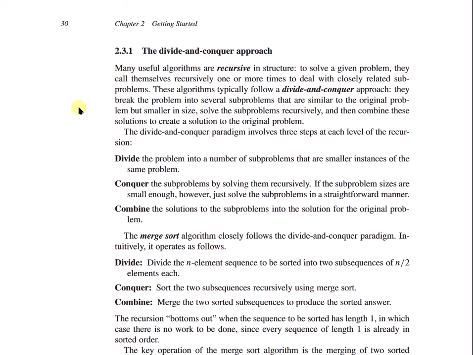The divide and conquer paradigm involves three steps at each level of recursion. Divide the problem into a number of subproblems that are smaller instances of the same problem. Conquer the subproblems by solving them recursively. If the subproblem sizes are small enough, however, just solve the subproblems in a straightforward manner. Combine the solutions to subproblems into the solution for the original problem.